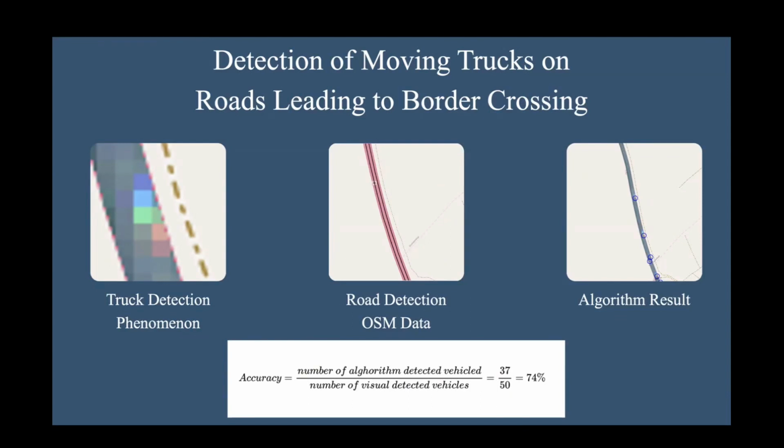Also, we use OpenStreetMap data in order to detect the highway, the road that we're interested in. And then what our algorithm did is that after we detected the road, we applied the algorithm, which is based on the rainbow phenomenon we previously mentioned, in order to detect the moving cars.